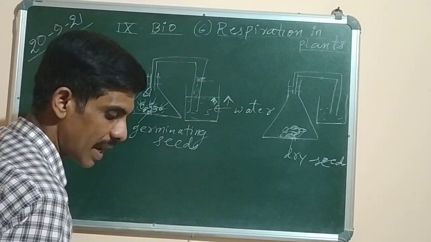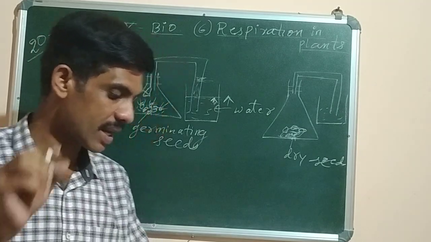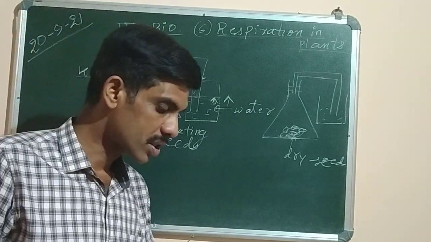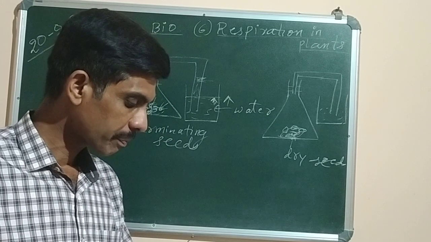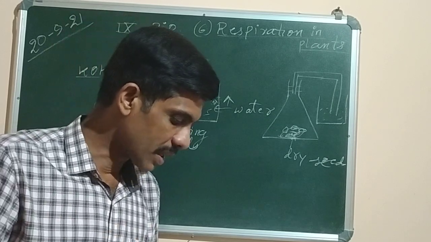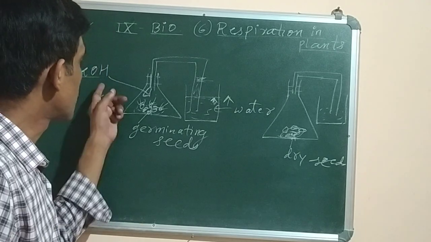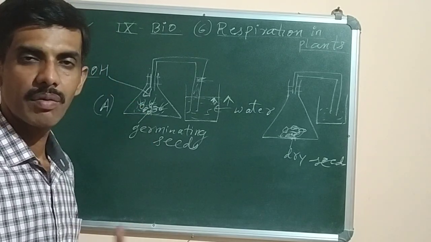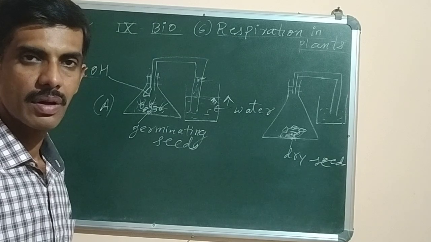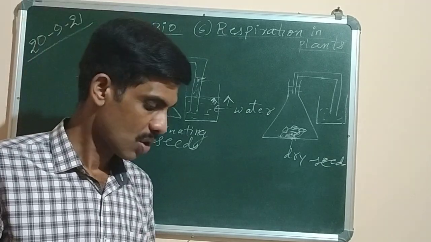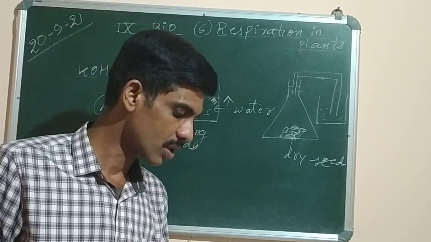Now what is the function of the KOH which is there in the small test tube? The KOH solution is there in order to absorb the carbon dioxide gas which is being produced. During the process of respiration, one gas called carbon dioxide is also produced.